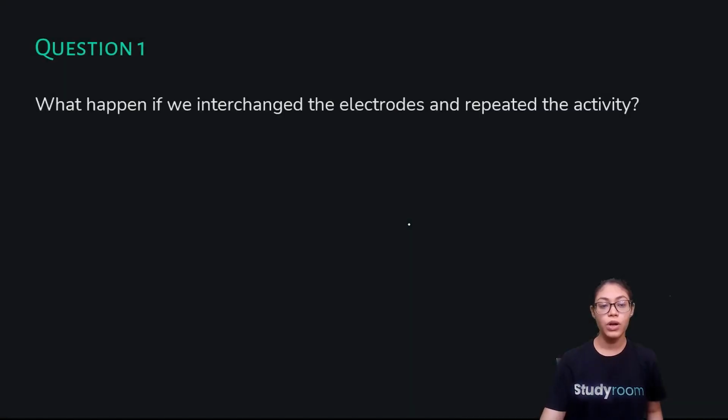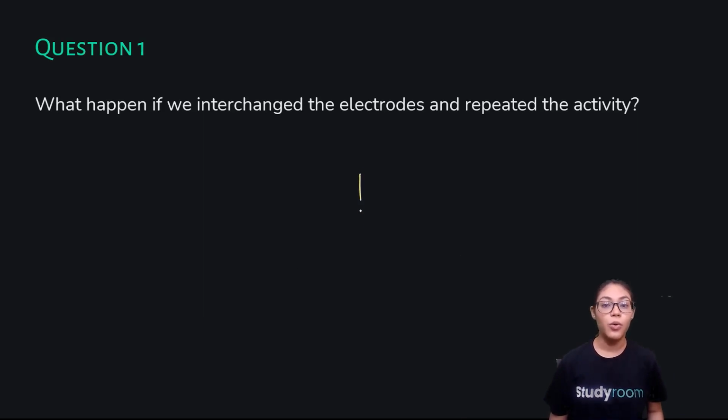Now, what happens if we interchange the electrodes and repeat the activity? As we saw in the activity, there was a particular electrode connected to the negative terminal and one electrode was connected to the positive terminal. Now, what if we interchange the electrodes? What would happen then?